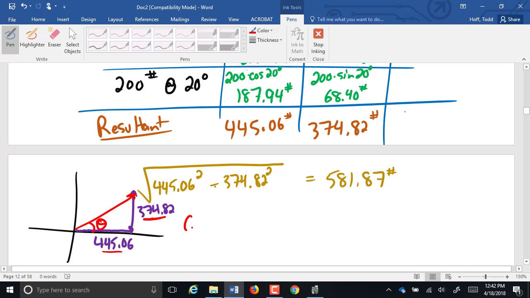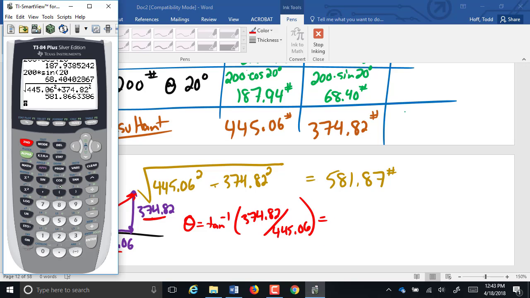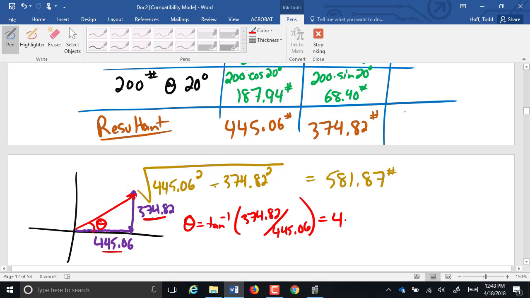So that angle is the inverse tangent of the vertical, 374.82, over the horizontal, 445.06. So 40.10 degrees.